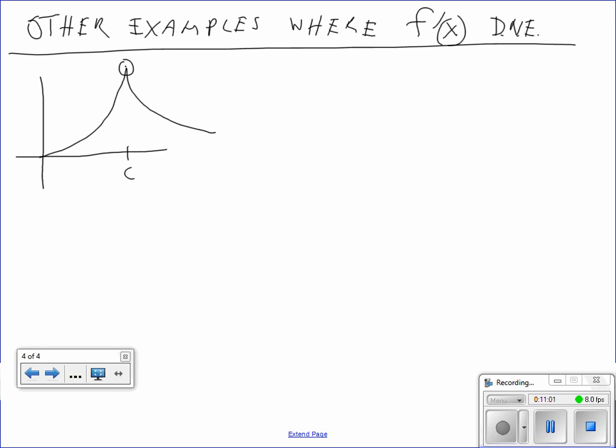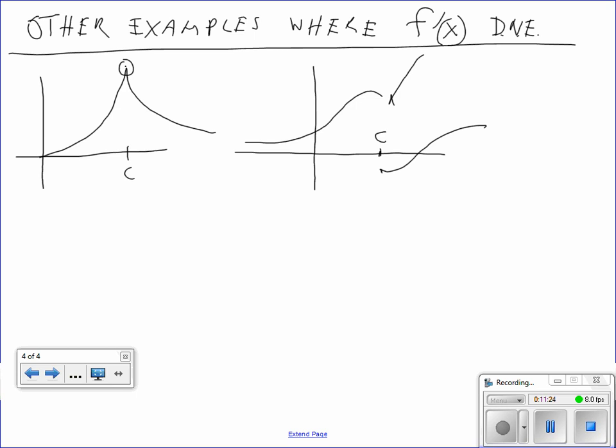That would be one. The second one over here, anytime I have a function that's not continuous, if it's not continuous, it's not differentiable. Not continuous, not differentiable.